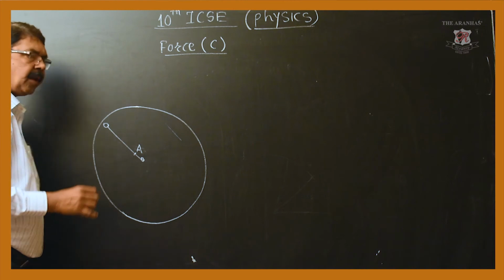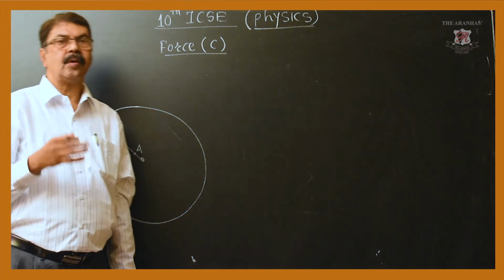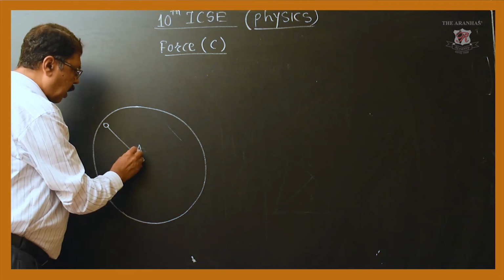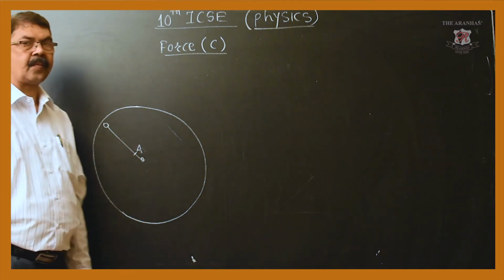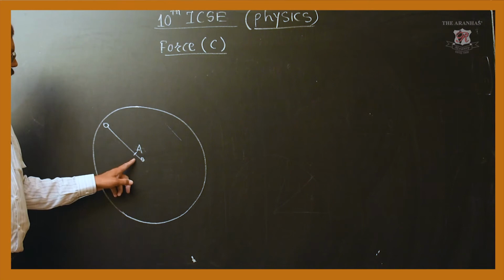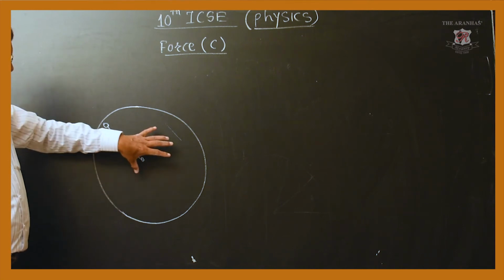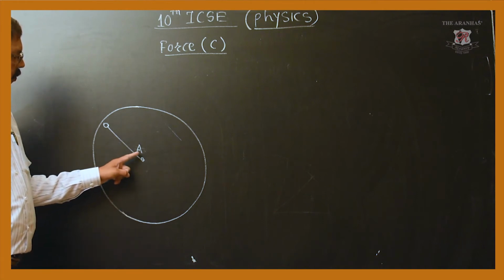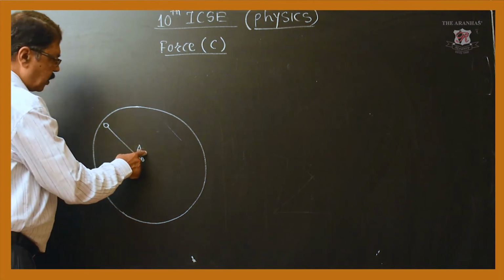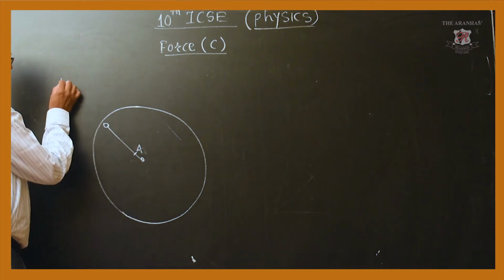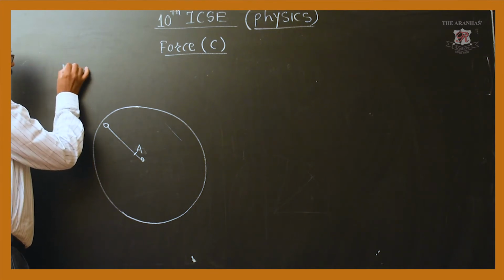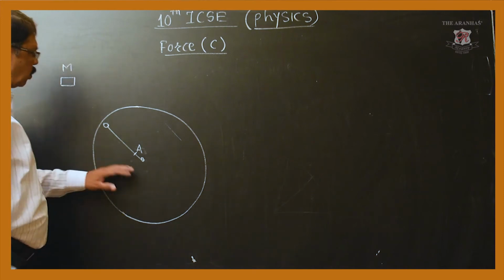I'm using the same characters as used in the textbook so that you can read from the textbook after the explanation. So, the stone is tied to a thread and it is kept on a stationary table. There is one observer standing on the table and there is one observer, labeled as M, outside the table.